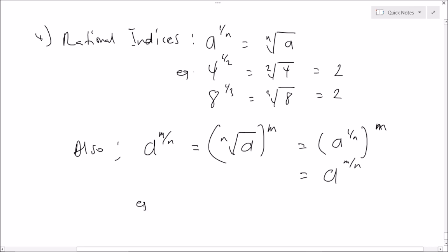So for instance, if you are given 4 exponent 3 over 2, then you can simplify this by writing it as the square root of 4, all cubed. You know the square root of 4 is 2. So we have 2 exponent 3, which gives us 8.